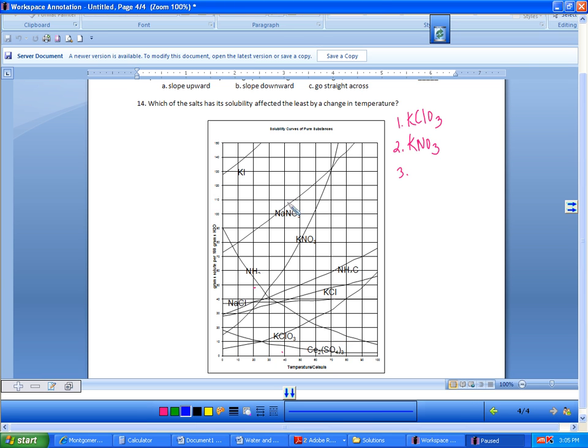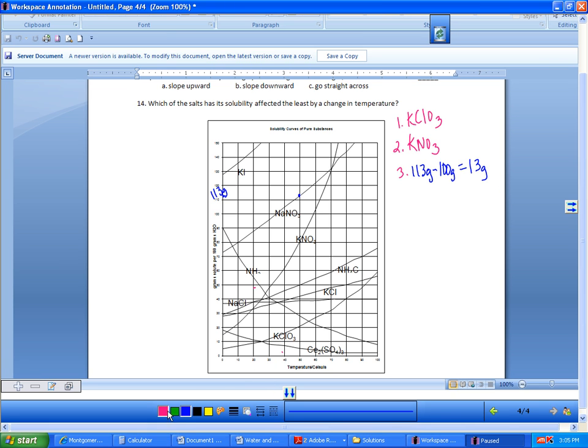So that's NaNO3. So here it is. And at 50, here's my 50 line. At 50, it looks like it's at about, I don't know, 113. Well, if I've saturated it with 113 grams and I already had 100 grams, then I only needed 13 more grams because there were already 100 grams present.